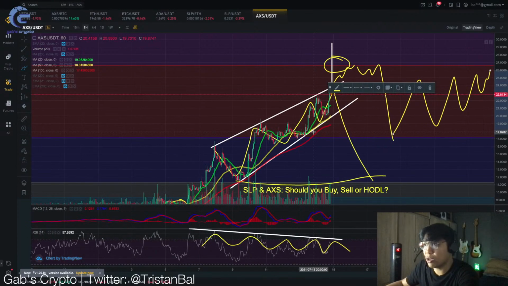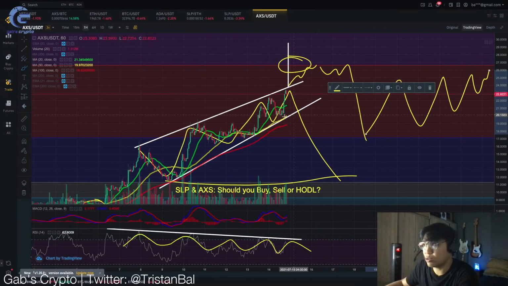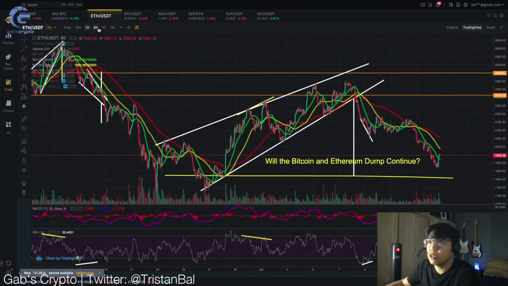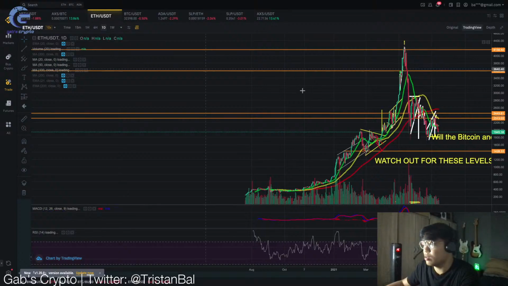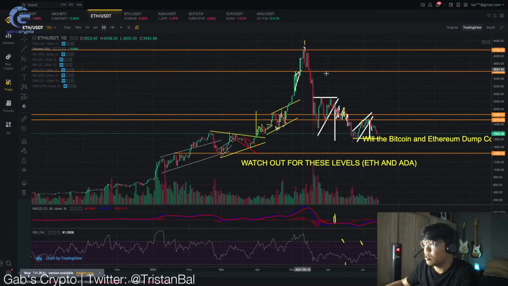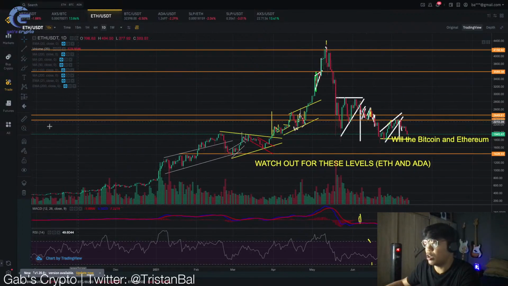Now, a reaccumulation phase usually happens when the price went up significantly and then dahil sobrang overbought siya, magkakaroon siya ng correction and then mag-stay siya within one area. And nakita ba tayo ng ganon? Yup, actually. Kasi kung titingnan mo sa Ethereum, let's look at the Ethereum long term. Kita mo, nagkaroon siya ng parabolic pump si Ethereum.